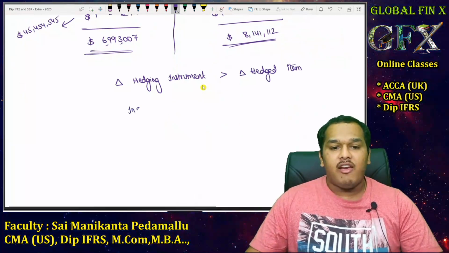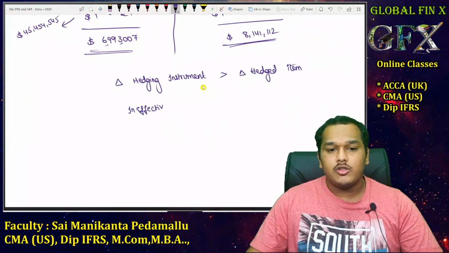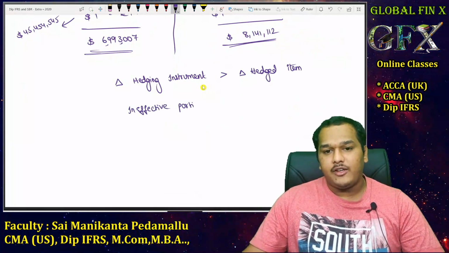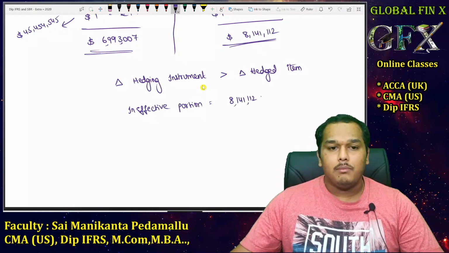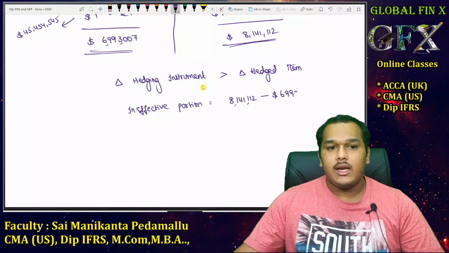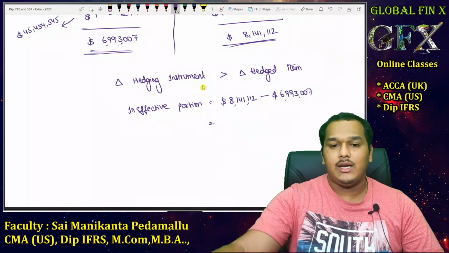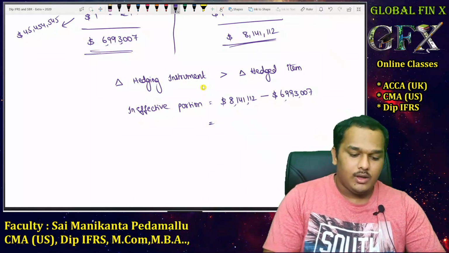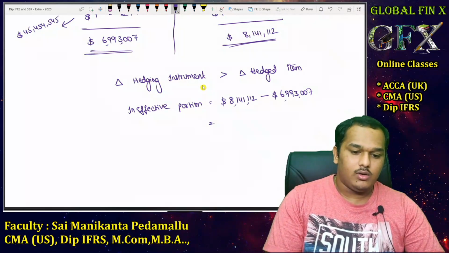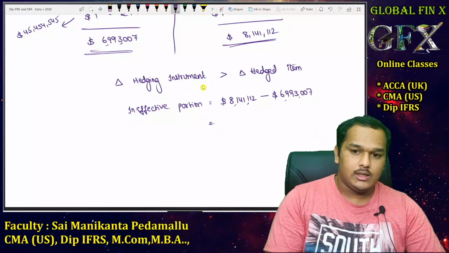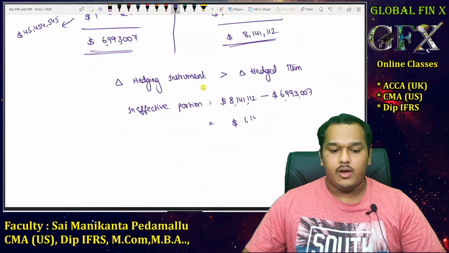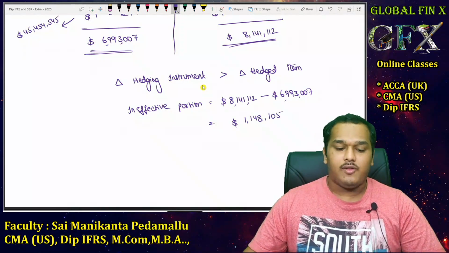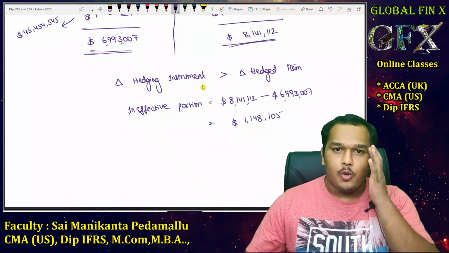The ineffective portion is 8,141,112 minus 6,993,007, which is $1,148,105. This will be immediately taken to profit and loss.